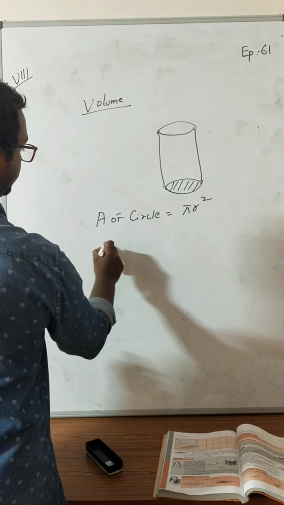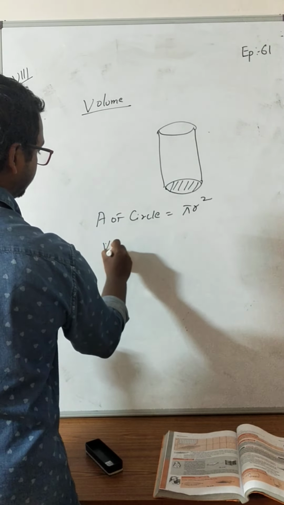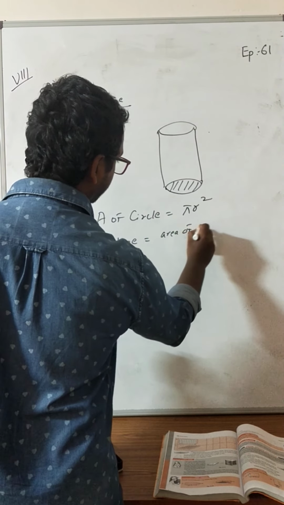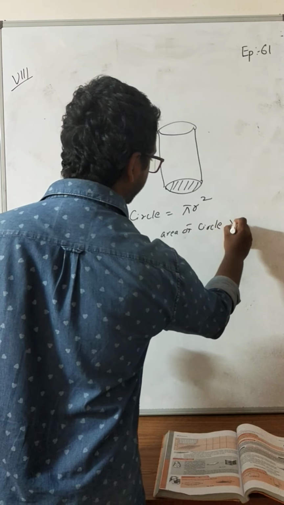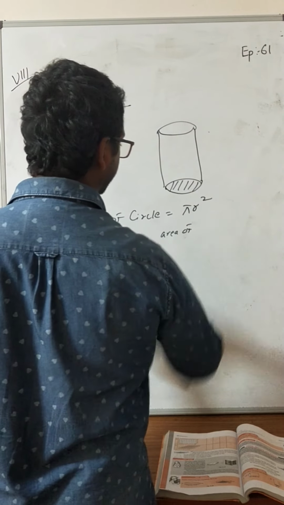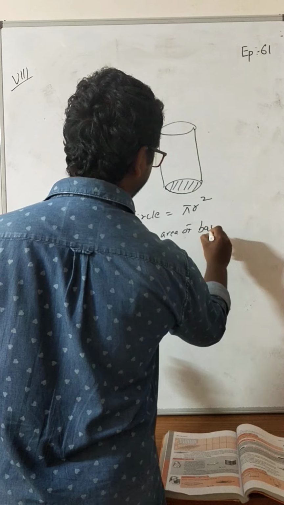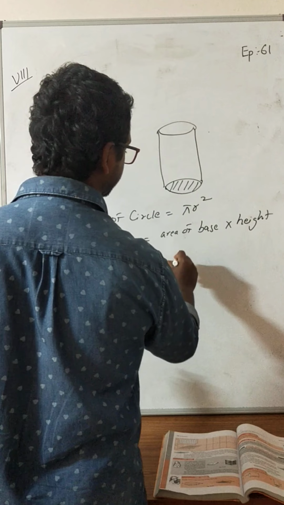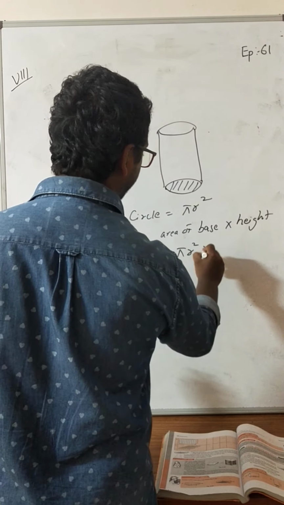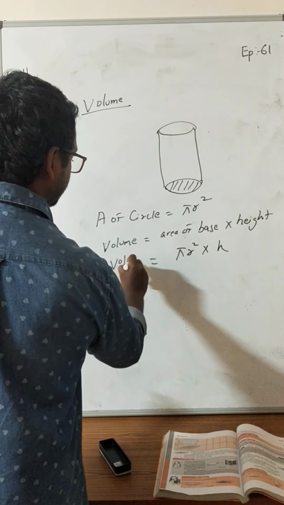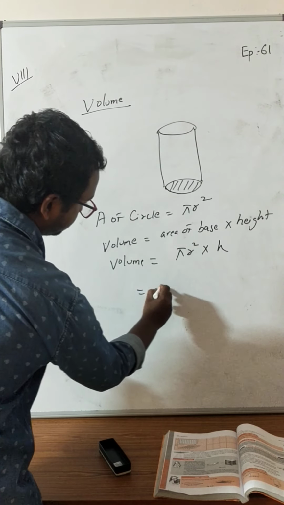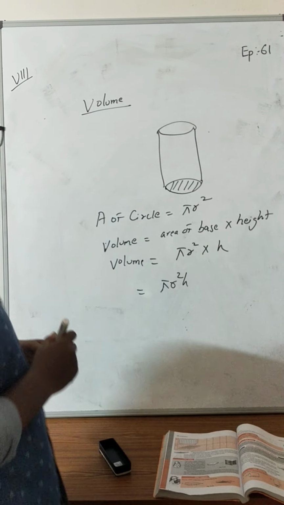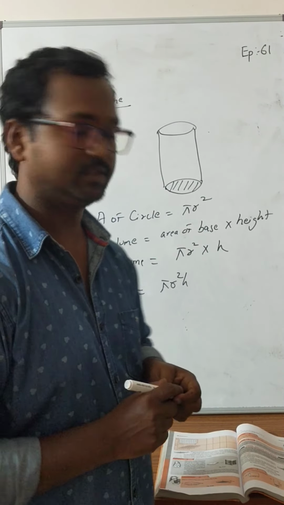For volume you have to multiply the area of base by height. Area of base is the area of circle, which is pi r square, into h, the height. So the volume of cylinder is pi r square h.